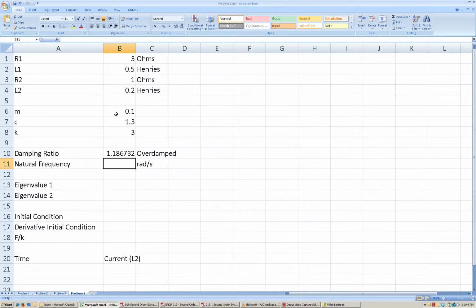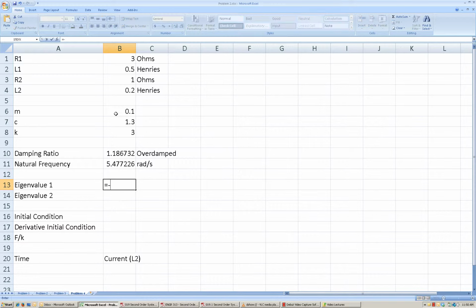So the natural frequency of the system is given by the square root of k divided by m. Okay, so that's in radians per second. And from that, I can calculate my two eigenvalues for the overdamped system.